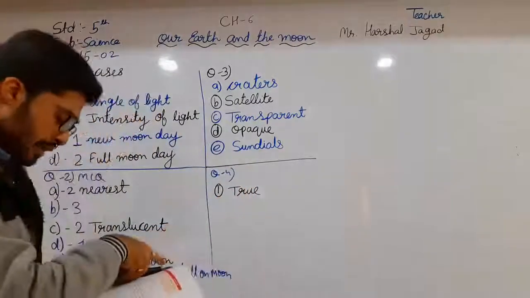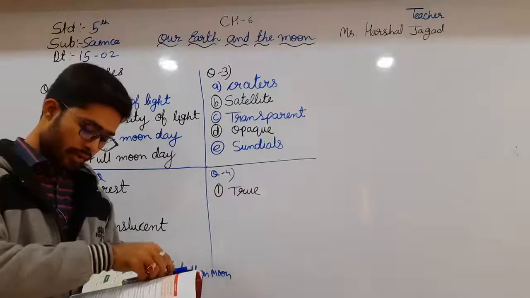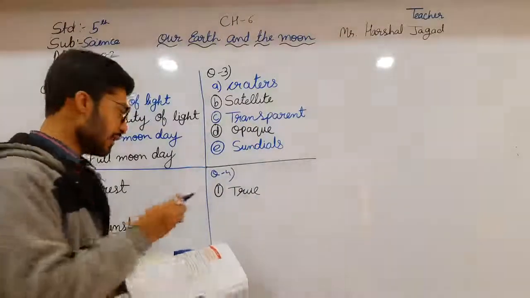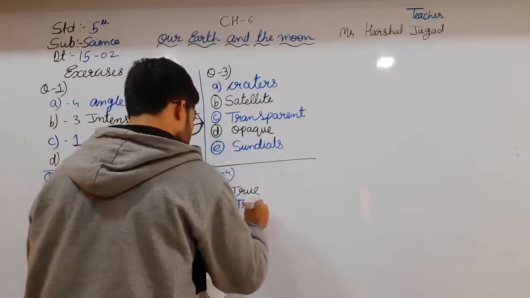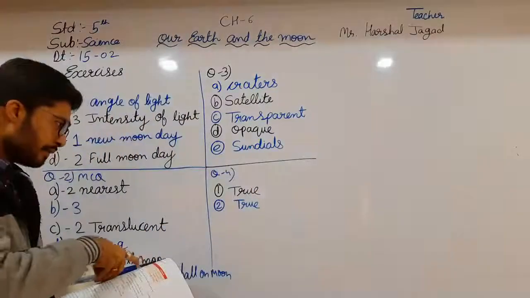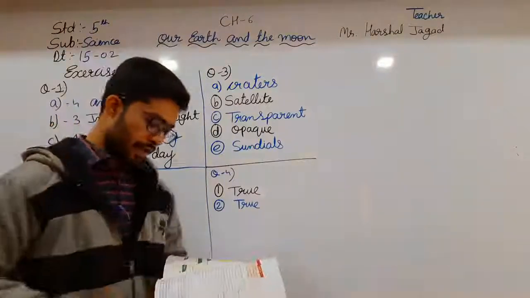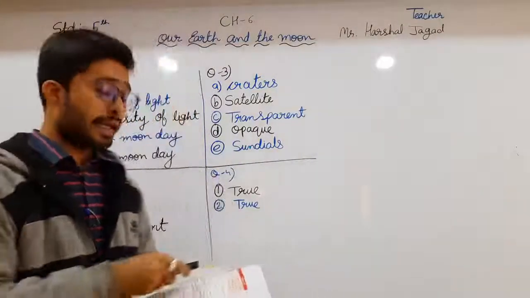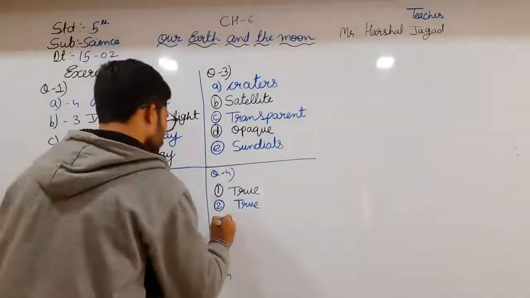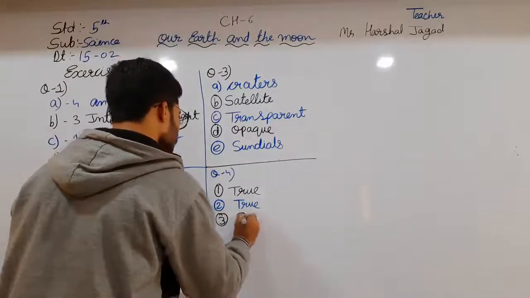Second one, there are mountains on the moon. Yes, it is also true. Third one, the shadow of an object remains the same size all throughout the day. No, it is of different size. So the third one will be false.